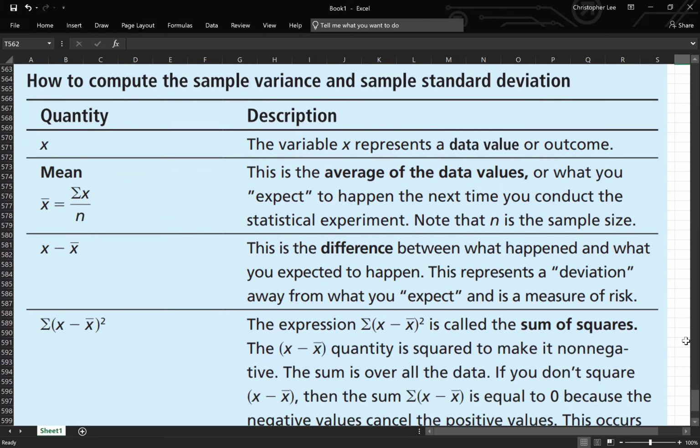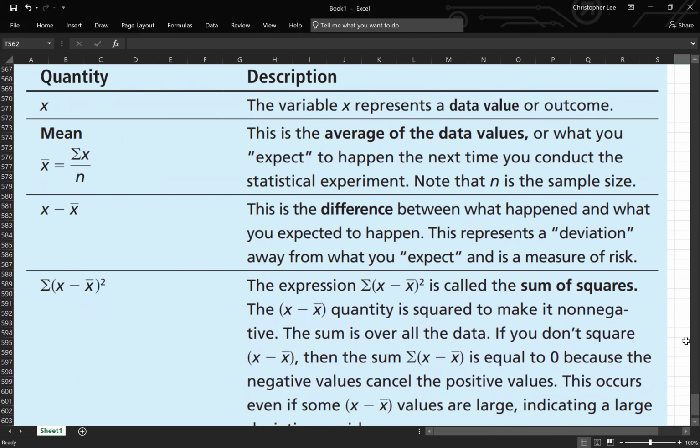The expression sum of x minus x bar squared is called the sum of squares. The x minus x bar quantity is squared to make it non-negative. The sum is over all the data.